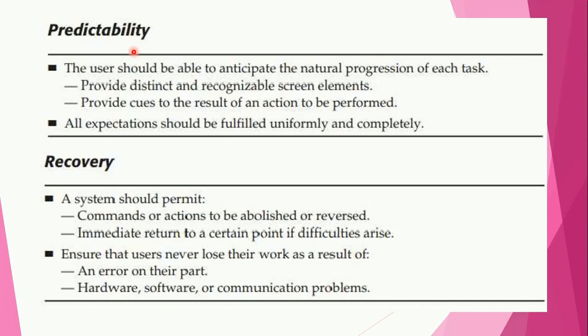And whenever the current operation is going on, the system interface has to provide clues as to what will come next. This kind of anticipation or predictability reduces mistakes and enables the task to be completed more quickly.